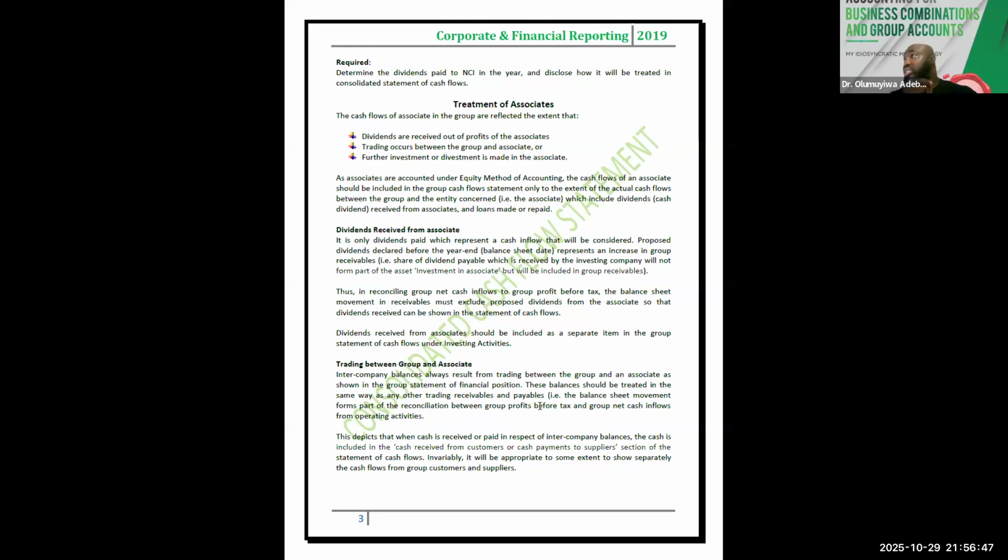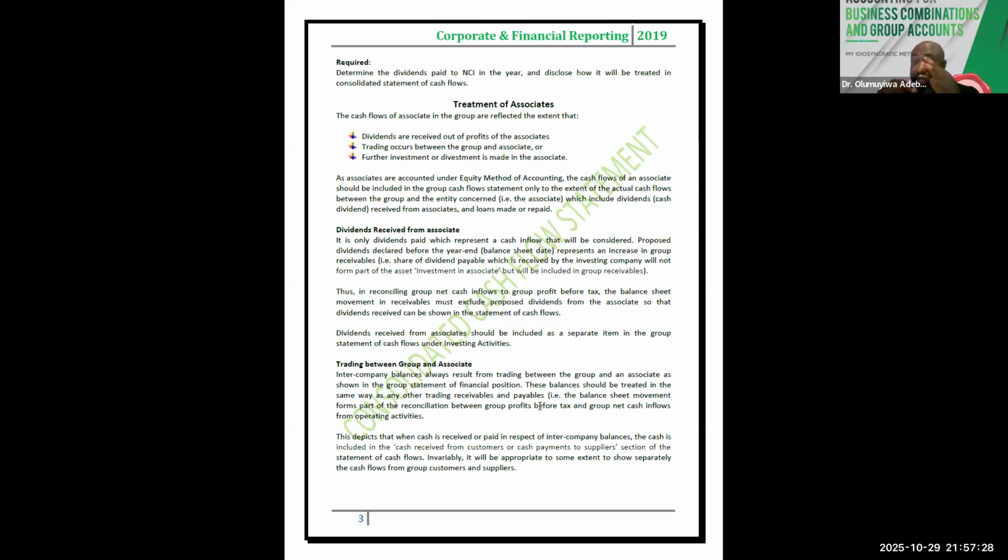The second principle we want to discuss is on the treatment of our investment in associates or similarly in joint ventures. And there are three things possible that we need to consider, either for adjustment for non-cash items or to recognize impact with respect to cash flow items. The first one is in similar vein to dividend paid to NCI.